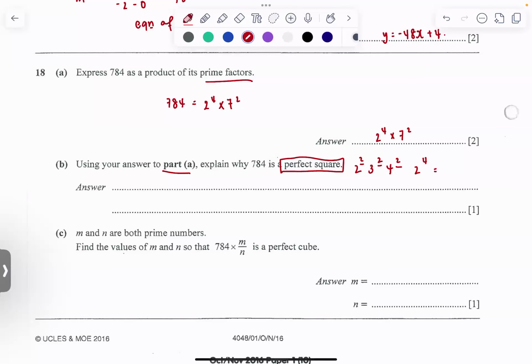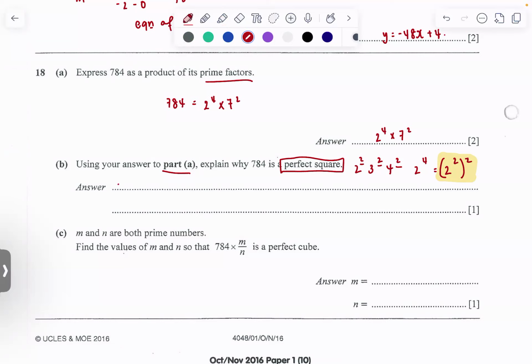Why? You can just factorize out the power of 2. You can rewrite this and ta-da! Is this not a perfect square? It is, right? Because it's 2 to the power of 2, whole thing squared. So it's a perfect square. Okay, so now that you know this concept, you can just write the answer down. Sometimes I have to do a bit of manipulation.